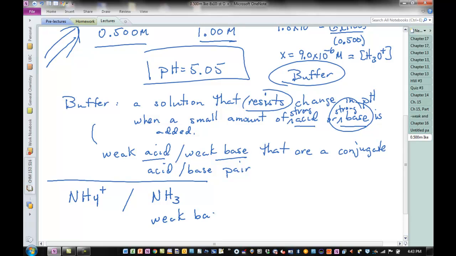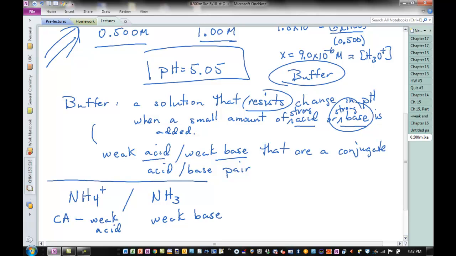You should recognize ammonia as a weak base. It's an amine. Ammonium is its conjugate acid, the conjugate acid of that weak base. So this is going to be a weak acid. So a weak acid and a weak base that are a conjugate pair. That is a buffer.